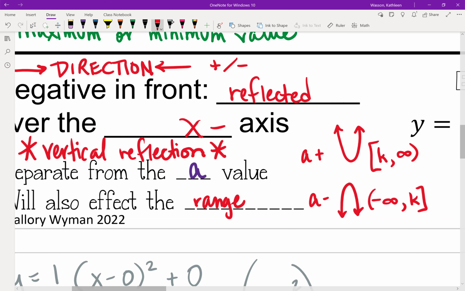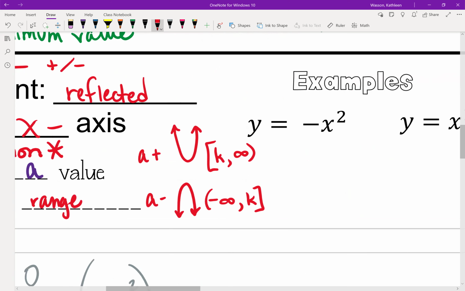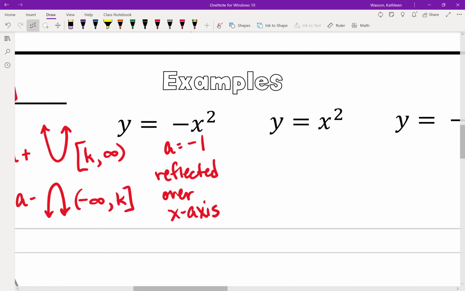And there are some examples here for this. I have y equals negative x squared. For this problem, A is -1. So it's the original shape because the number is 1, but it's negative. That makes it upside down. This is reflected over x-axis. This next example, y is x squared.